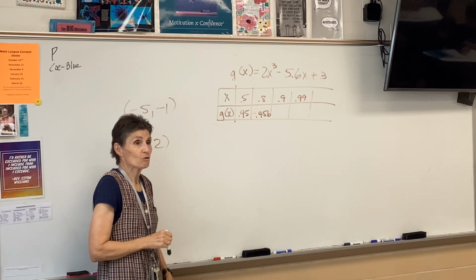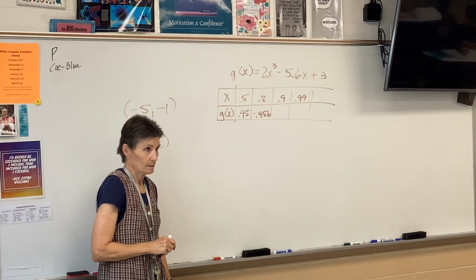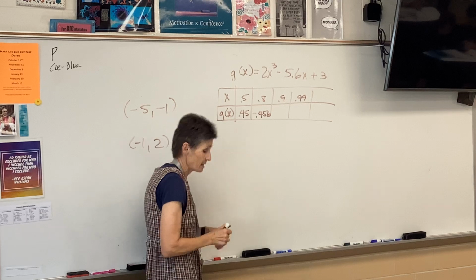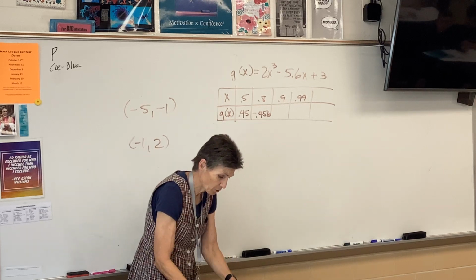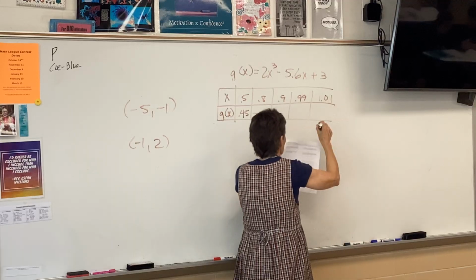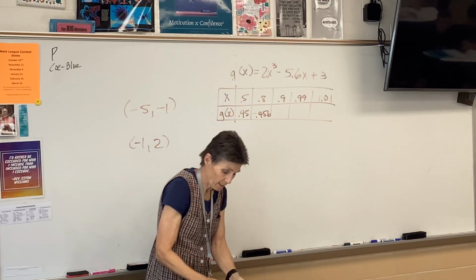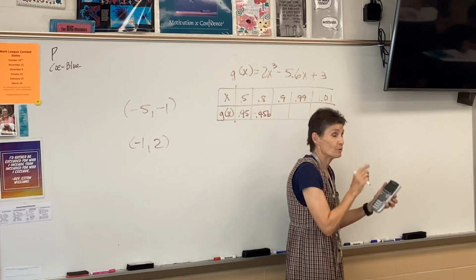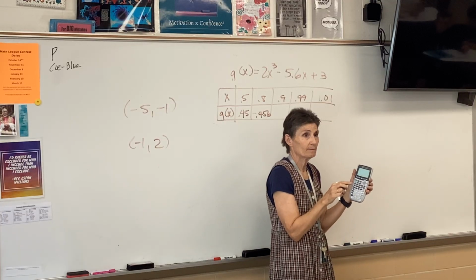Now there is a third way to do it. I'm not sure I would in this case because, well, we'll talk about why in a minute, but a third way to do it is, you have your equation already in, right?